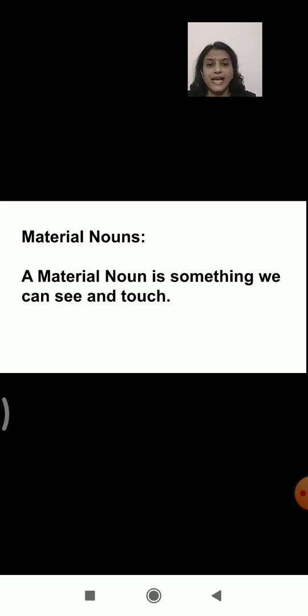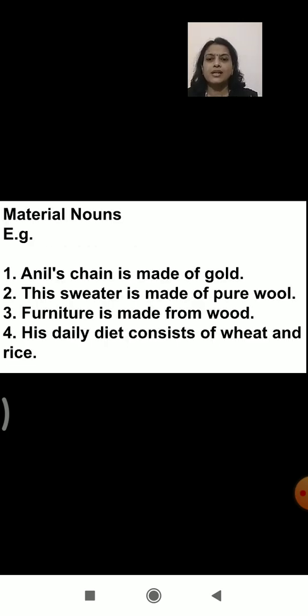Which means that it can be seen, touched, felt, tasted, or you can smell also, or you can hear them also, right? So they are called material nouns. It may be a substance, a material, an ingredient used for making things, and it can also be an article of food or drink.